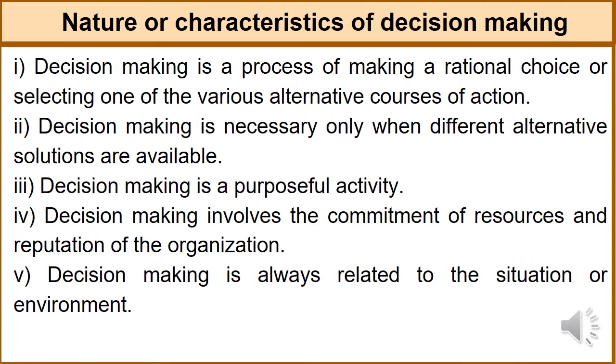Whether I have to go for BSc, BCom or BBA. Suppose we offered only one course, BBA. You don't have options, no need to create decisions; you're directly taking admission. It means decision making is necessary only when different alternative solutions are available. When alternatives are available, you have to take decisions.